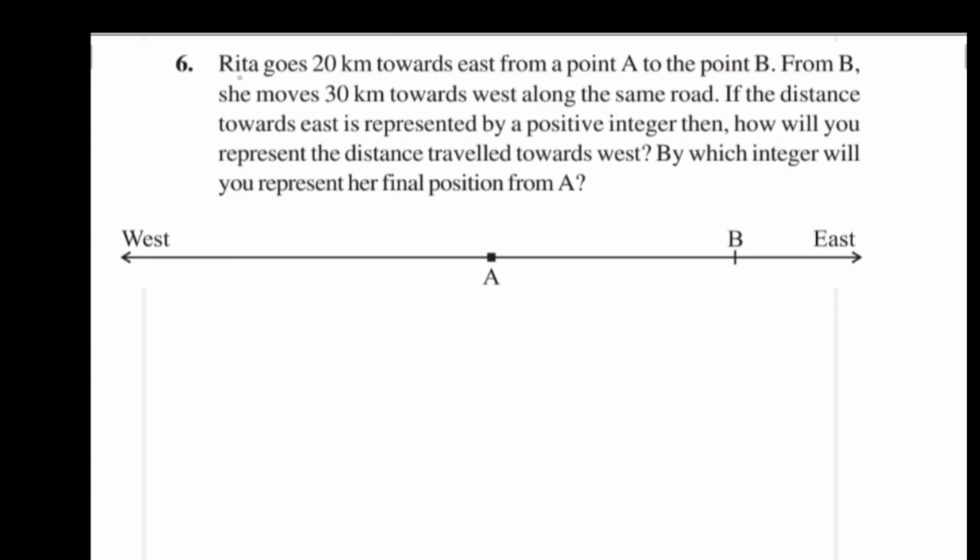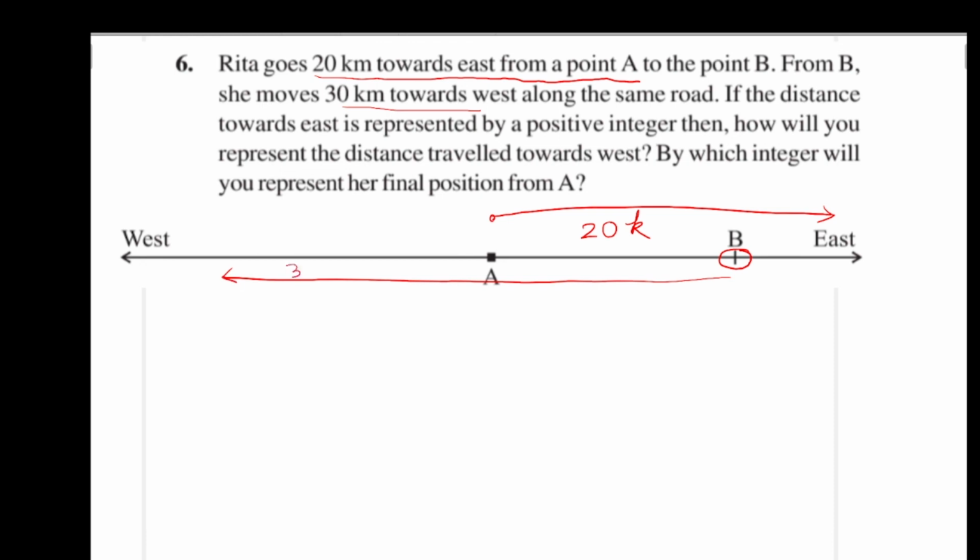Question number 6. Rita goes 20 km towards east from the point A. From point A toward east to B 20 km. Okay. From B she moves 30 km towards west. Along the same direction, if the distance towards east is represent positive, it is positive.